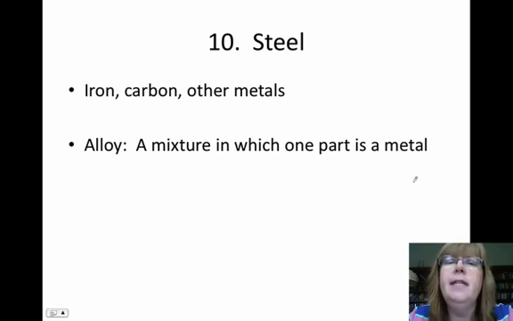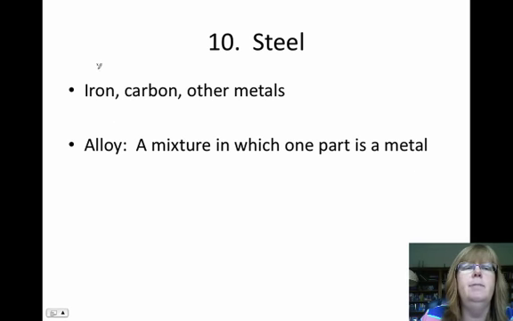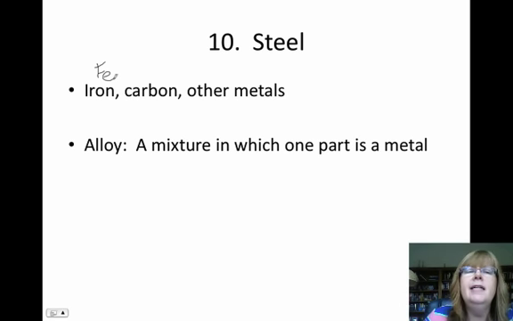Number 10, steel. Well, steel has iron, and just because we're learning our symbols right now, it's capital F, lowercase e. That's the symbol for iron. It comes from the Latin roots of ferrous and ferric, 2 different charges on the iron cation. But anyway, steel is iron. It has carbon.